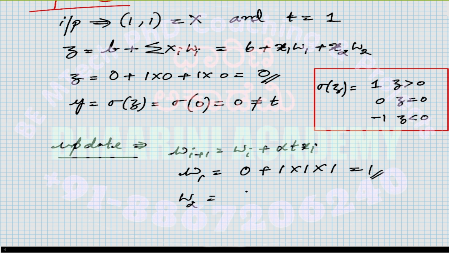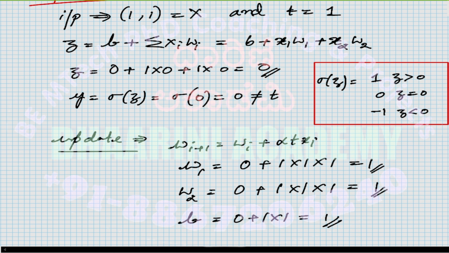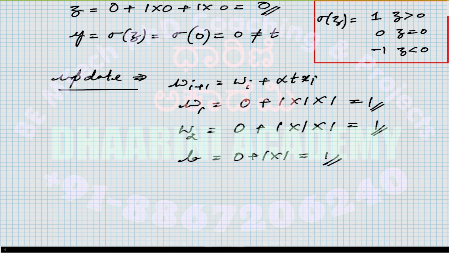Similarly, w2 is equal to old value of w2, which is 0, plus alpha is 1, target is 1, and the input is 1. So this is equal to 1. And let's update the bias. So b is equal to the old value of bias, that is 0, plus alpha into t. So this is also 1. So you updated now. Now onwards you are going to use w1 equal to 1, w2 equal to 1, and bias equal to 1 for the next process.